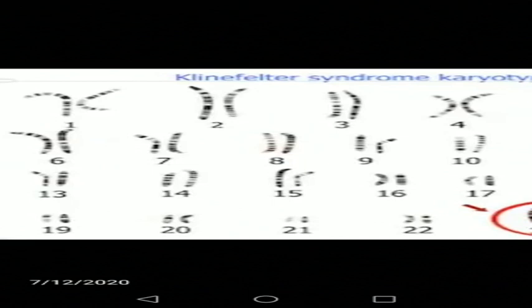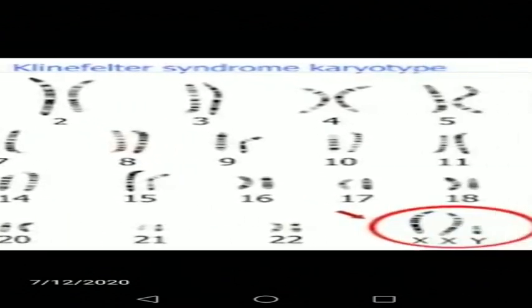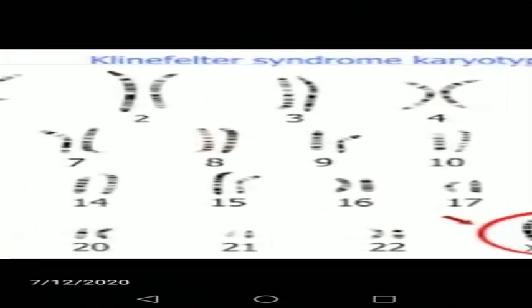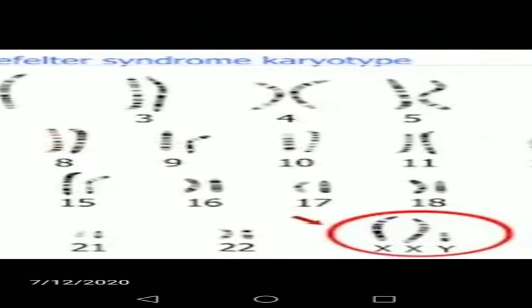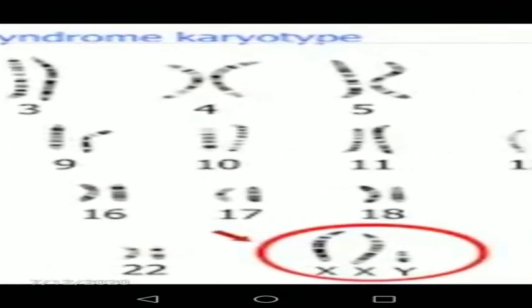In allosomal abnormalities, the first disease is Klinefelter syndrome, and another one is Turner's syndrome. Here, in Klinefelter syndrome, 22 pairs are shown, and the last, 23rd pair, if you count singly, gives 46 and 47.